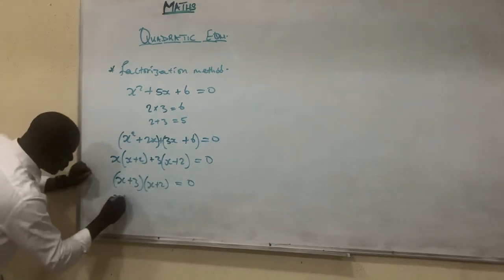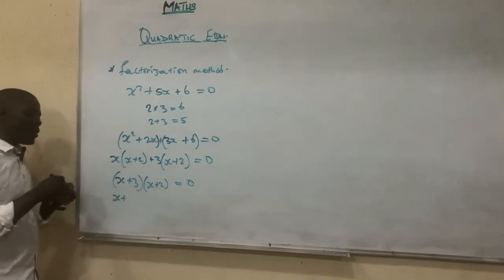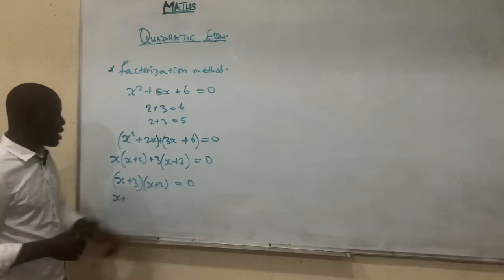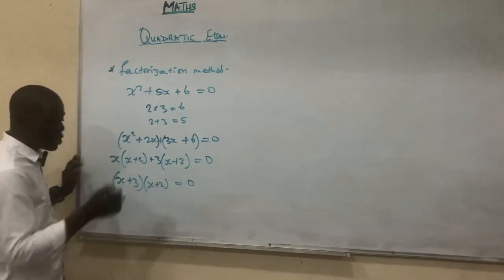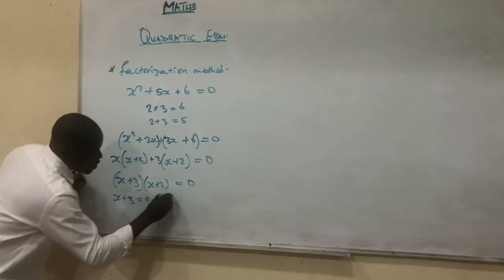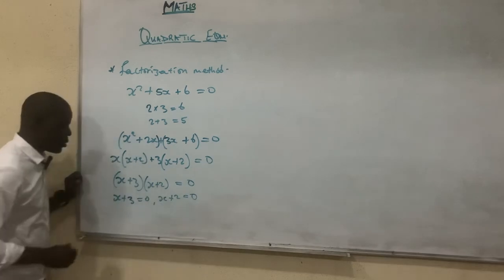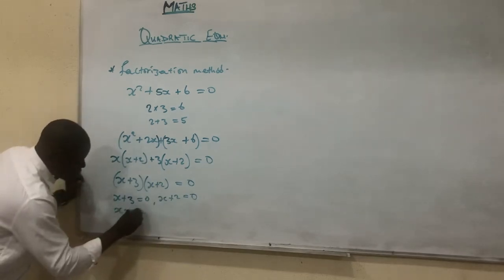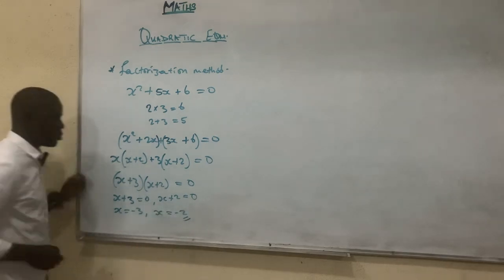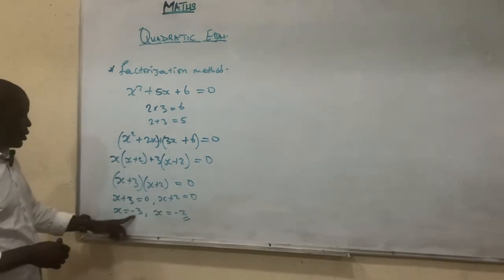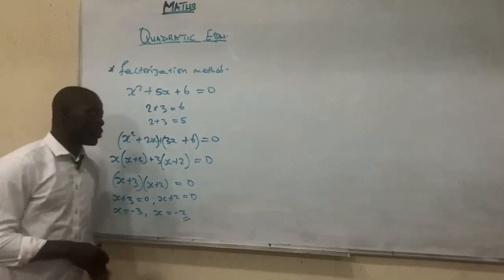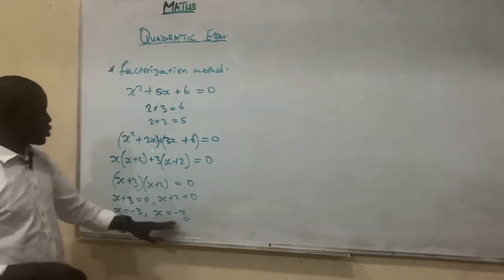If x plus 3 and x plus 2 multiply to 0, that simply means each one of them is equal to 0. x plus 3 equal to 0 and x plus 2 equal to 0. Here x equals minus 3, and there x equals minus 2. That is the easy way to solve by the factorization method.